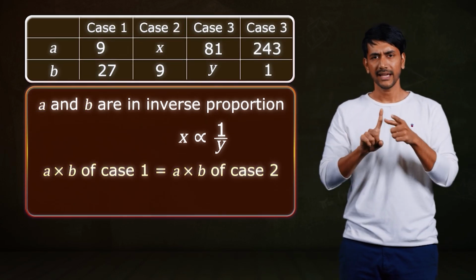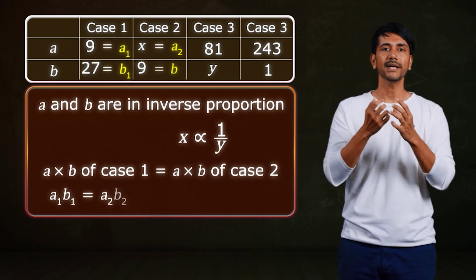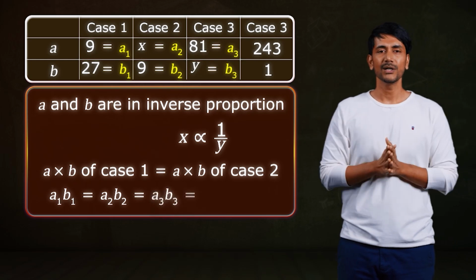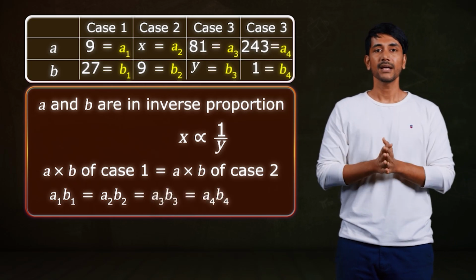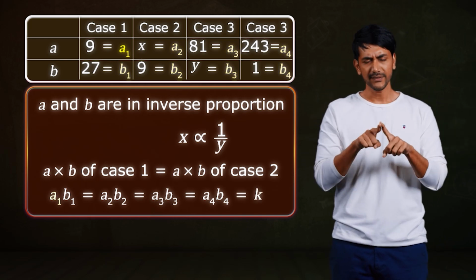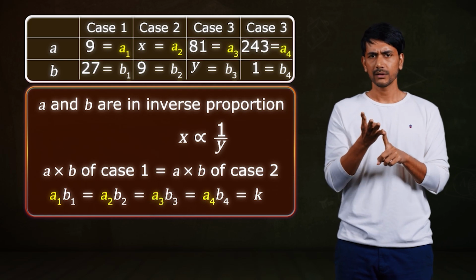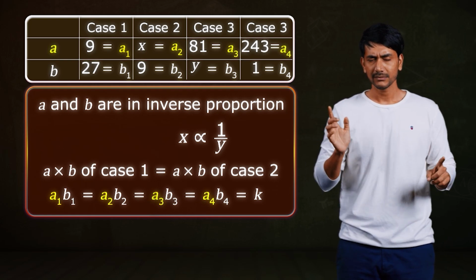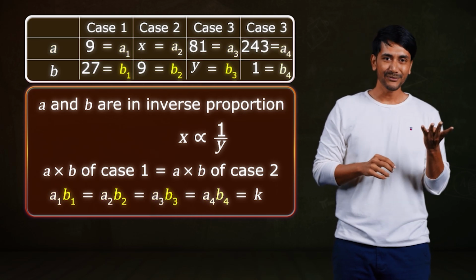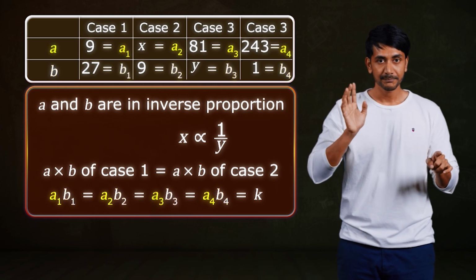That is, A1 B1 is equal to A2 B2 is equal to A3 B3 is equal to A4 B4 equal to K. Here, A1, A2, A3 and A4 are values of A, and B1, B2, B3, B4 are values of B corresponding to the values of A.